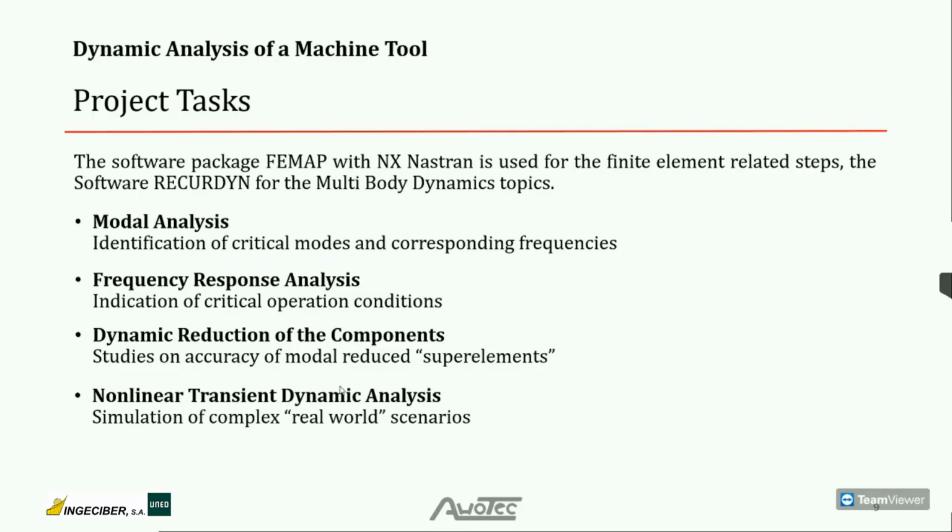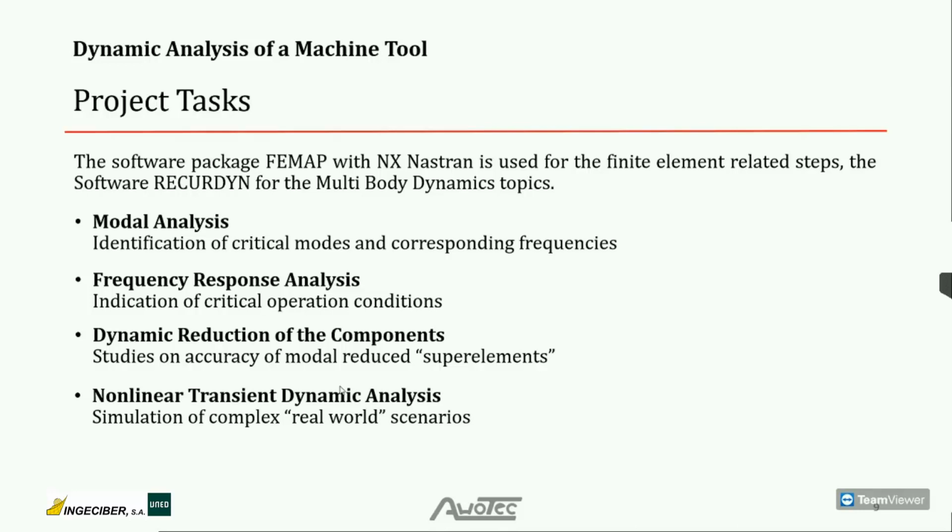So in the first step, the modal analysis has to be done with the target to identify critical modes and corresponding frequencies. In the next step, the frequency response analysis was done with the goal to identify critical operation conditions.